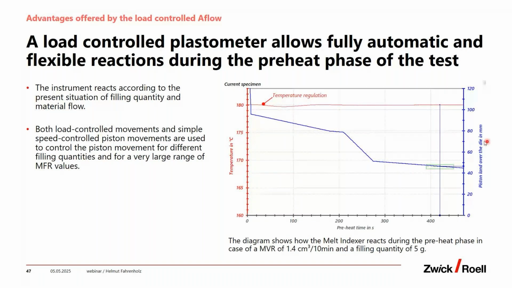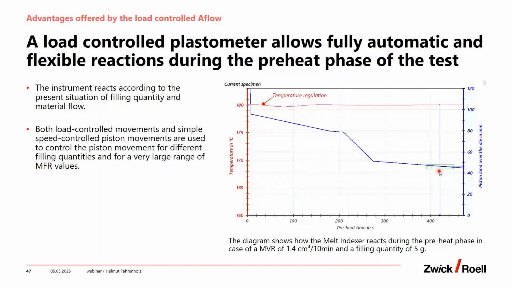When we fill it up, we are often around 100 millimeters above the die. We start to heat up the material. At a certain moment, maybe we push a little bit more to purge the material, in order to be after 7 minutes in the window that is, for example, described by the ASTM standard or by the ISO standard. So this is a typical test procedure.